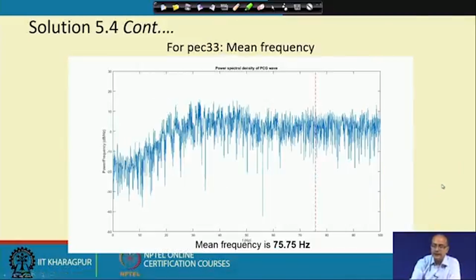And if we compute the mean frequency for PEC 33, we get it at a little higher frequency, that is 75.75 hertz. Okay. So, it is a little higher than the previous case, which was around 50 hertz.